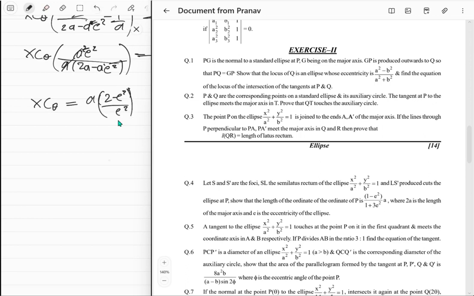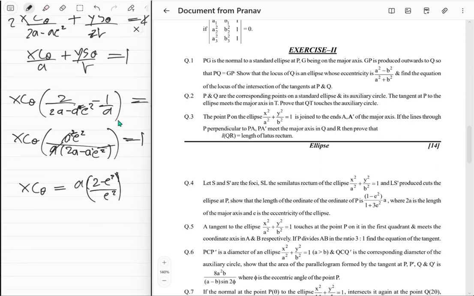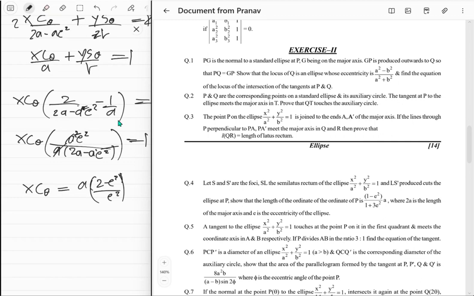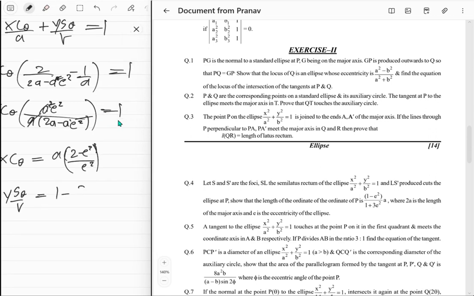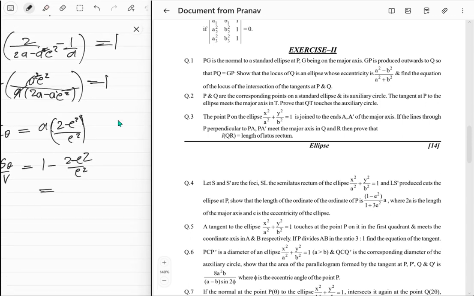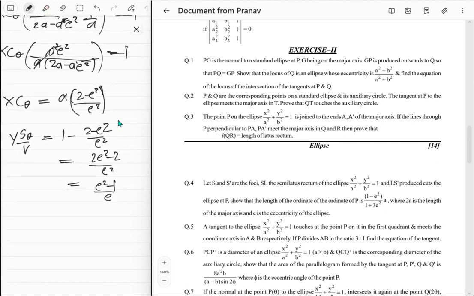Okay. And then similarly you can solve for y sine theta. Then put that in here. So it's supposed to be y sine theta upon b is equal to 1 minus 2 minus e squared upon e squared or something. Which will be 2e squared minus 2 upon e squared, which is basically just e squared minus 1 upon e squared. So there we go.